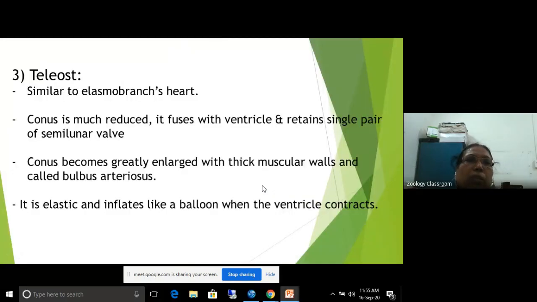Then in the teleost, for example bony fishes, the conus present in scoliodon is elongated, but in bony fishes it is reduced and fuses with the ventricle, and there is only a presence of semilunar valves. In scoliodon there are many valves, but in bony fishes only a single pair of semilunar valves is present. The conus becomes greatly enlarged with thick muscular walls, and it is called the bulbus arteriosus.